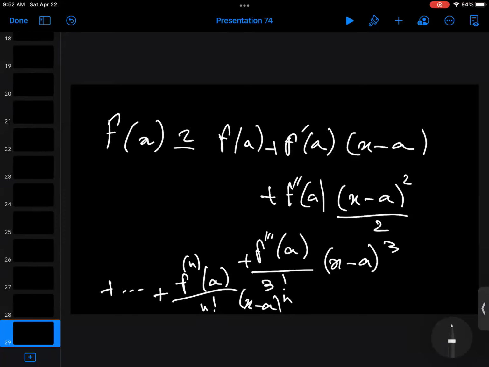And so when x is close to a, this is a good approximation of f. There are various ways to prove that it's a good approximation, but this is beyond the scope of these lectures that we are seeing. And so this is the main idea of the Taylor formula.